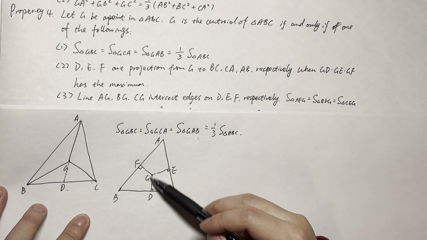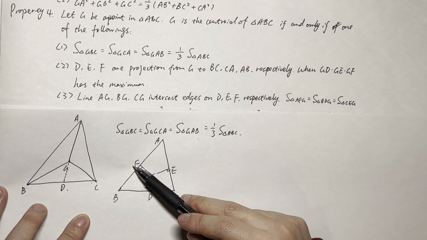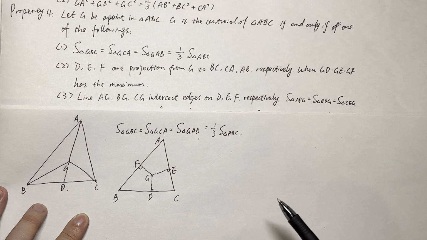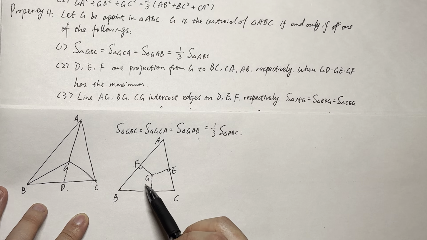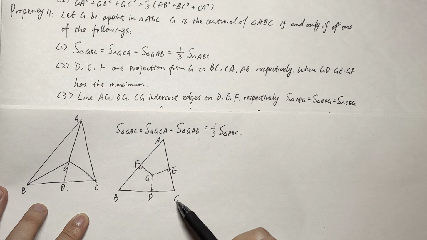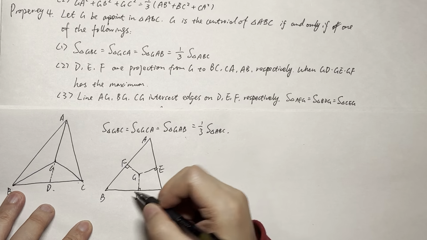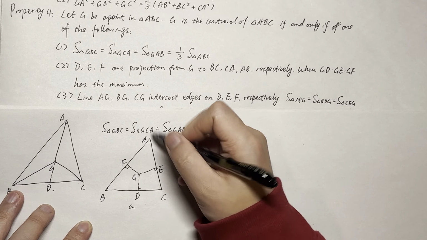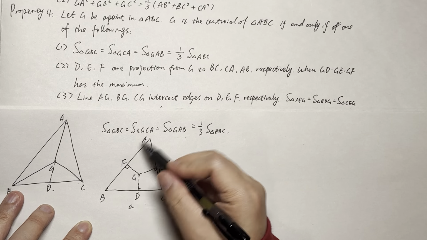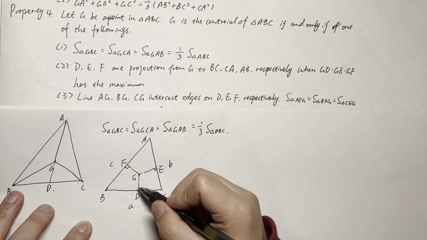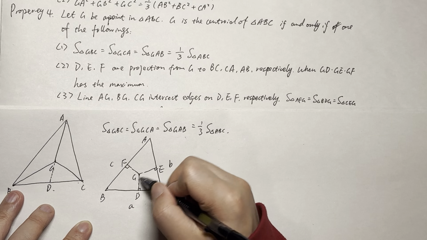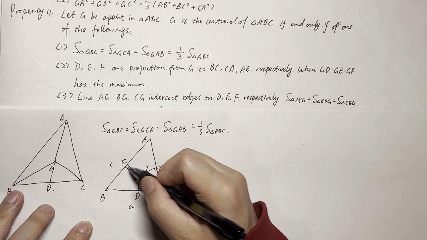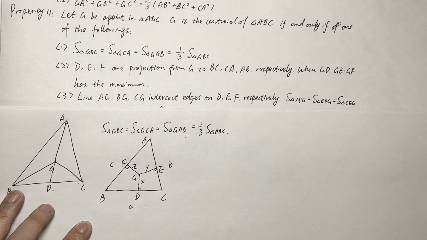When GD times GE times GF has a maximum, then G would be the centroid of triangle ABC. So let's say the length of BC is a, the length of AC is b, the length of AB is c, and GD is x, GE is y, GF is z, right?